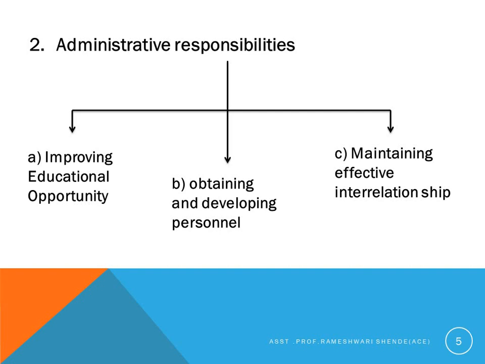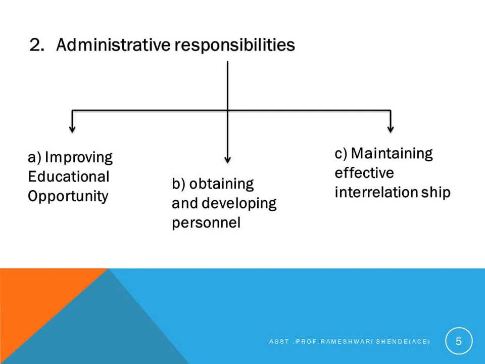Let's see one by one. First is improving educational opportunities. In that, he has to keep monitoring students' attendance, maintain discipline among students, look after guidance and counseling programs for students, help teachers in drafting remedial teaching programs, and manage building planning and maintaining pupil personal records. So this all comes under improving educational opportunities.